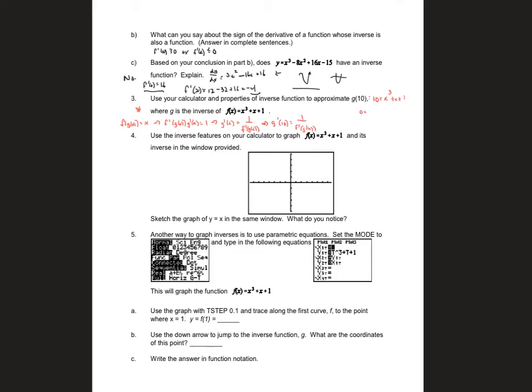So that means 0 will be x cubed plus x minus 9. And this is not going to be pretty, so you're going to need to find your 0 on your calculator. And I believe when you do this, it's 1.920 rounded to 3 decimal places.